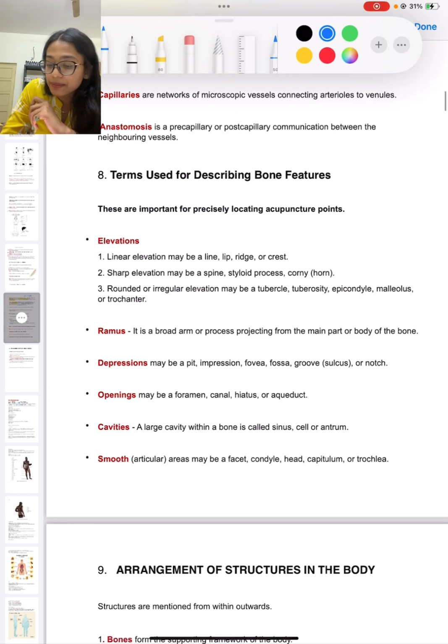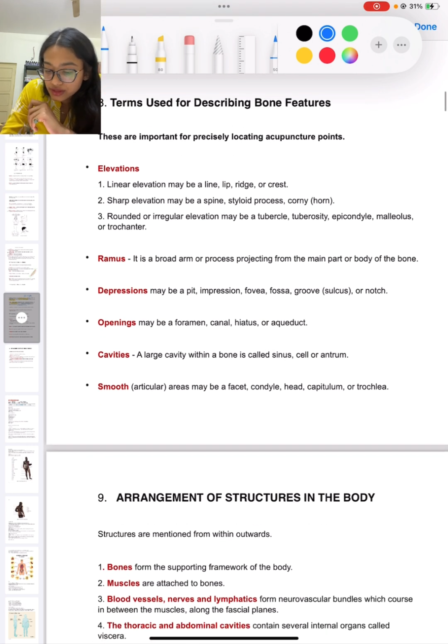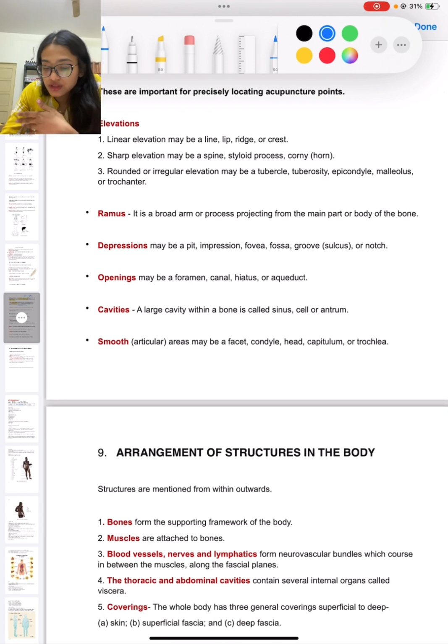Terms used for describing bone features: elevations, ramus, depressions, opening, cavity, smooth, rough, and many more, which we use to explain any bone. So these are all the general parts we are studying. What are elevations? Linear elevation may be a line, lip, ridge, crest.